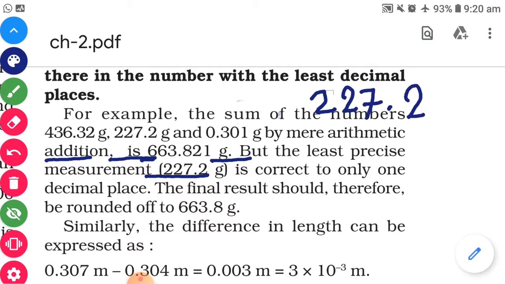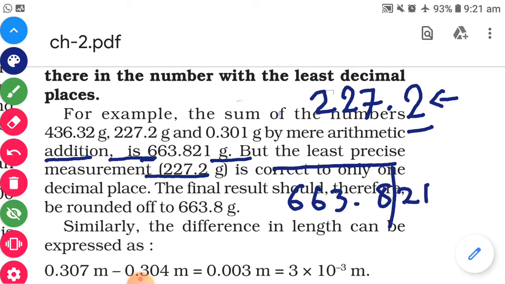So least decimal points are here, or we can say least numbers are here after decimal point. There is only one number after decimal point. So the answer which you are getting is 663.821, but you can report it up to this, 663.8. Okay, this is written here.